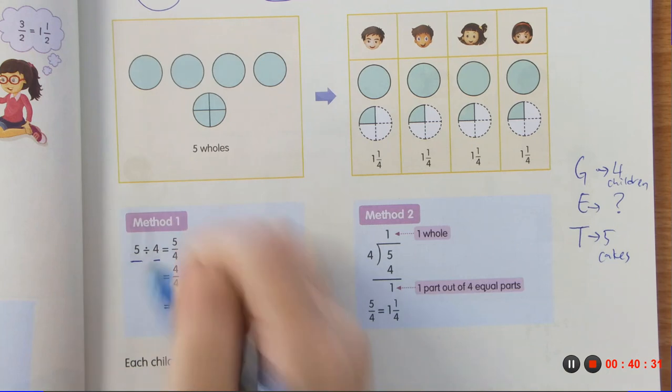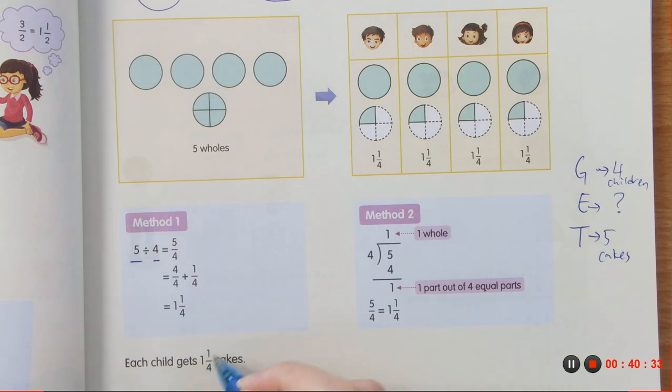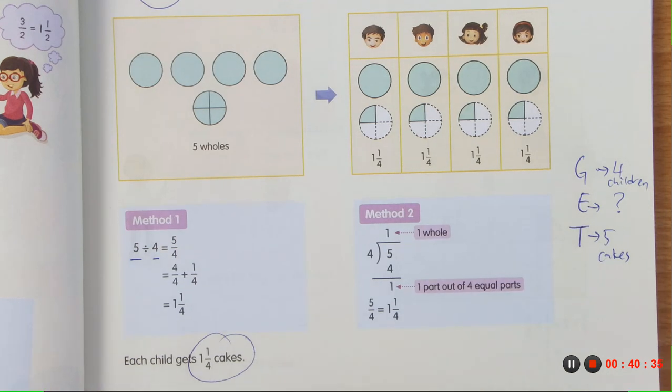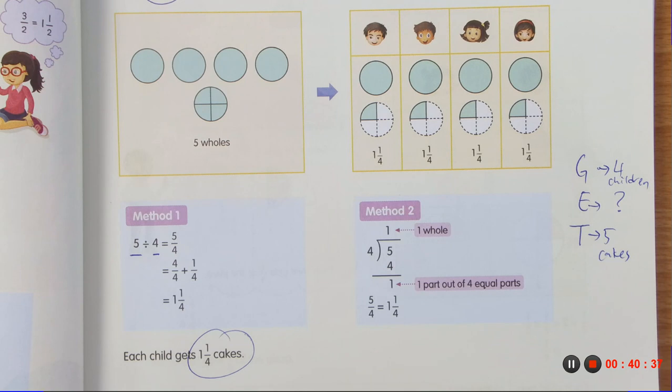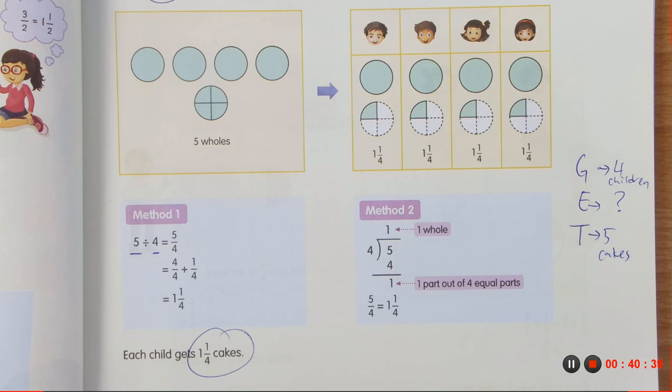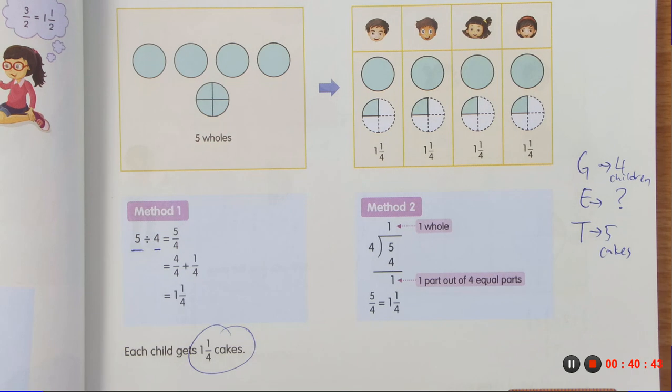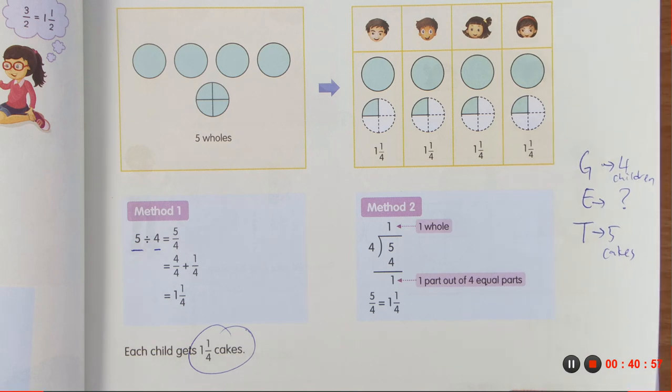This is a whole number divided by a whole number. I get a fraction out of it. Nobody can get 2 full whole cakes because there's not enough to go around. So I need to cut up one of the wholes into smaller parts. Then I can make sure that everybody gets an equal share by having 1 and 1/4. Now, then we move on.